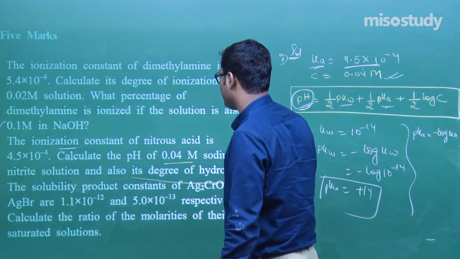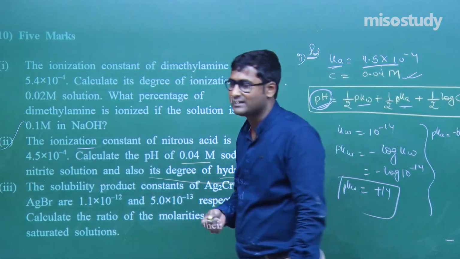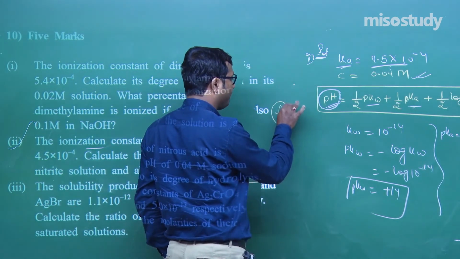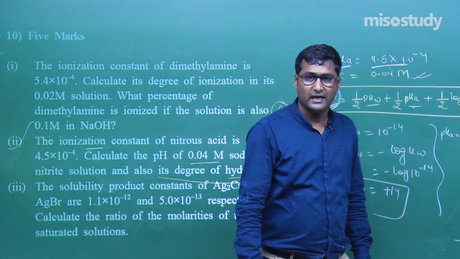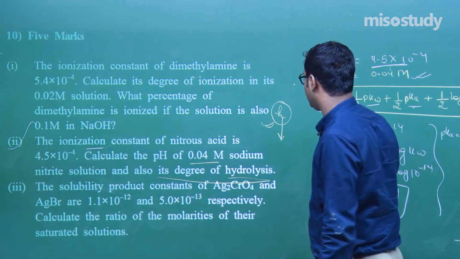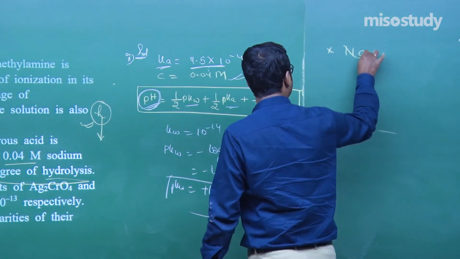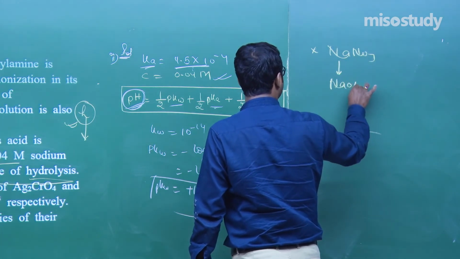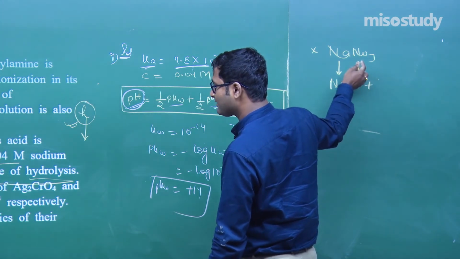And the next part is given here, degree of hydrolysis, that is h. I have given a best derivation to find the degree of hydrolysis. In case of the salt solution NaNO2, sodium nitrite, this comes from NaOH plus nitrous acid.